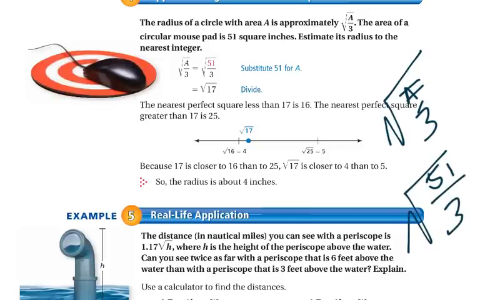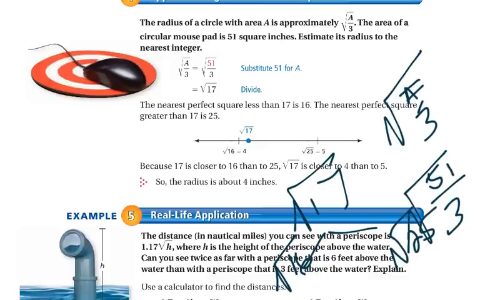You divide 3 into 51 and you get 17, so it's the square root of 17. Now you estimate 17 doing what we were just doing. The square root of 17 falls between 16 and 25. It's obviously closer to 16 because that's only 1 away, so then you're approximately 4. Okay, that's what I would expect you to do for a problem like that.